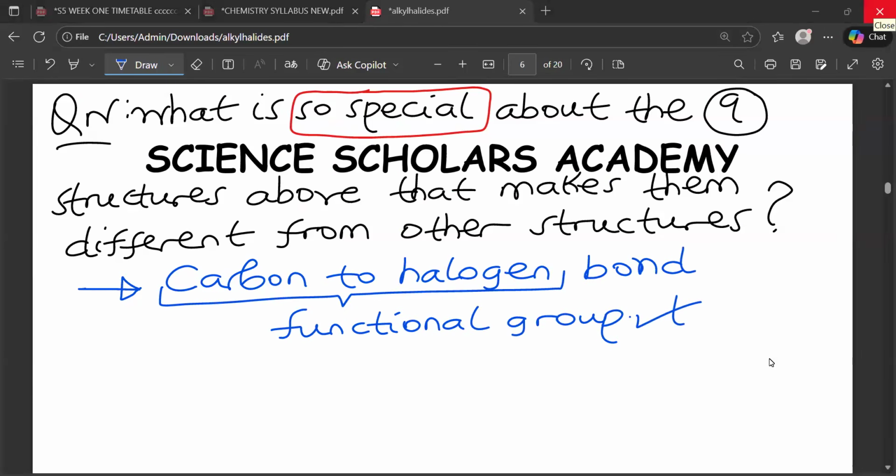It's the only thing homologous series brag about, because it determines their chemical properties, and chemical properties make them different from others. You understand? So carbon halogen bond, it is what is so special, and it is the functional group generally. But different compounds have different functional groups.